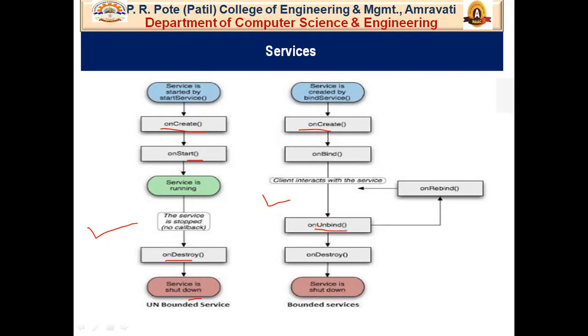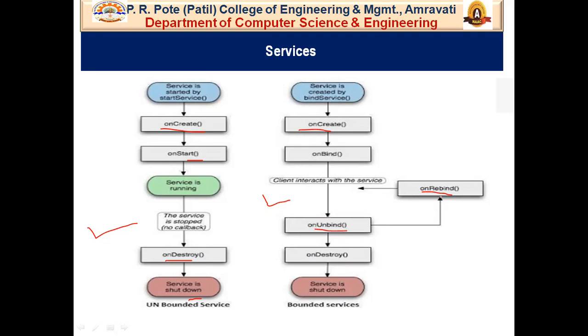If after onUnbind a bind service is called again, then it executes the onRebind method, and the service is again interacting and communication is going on.